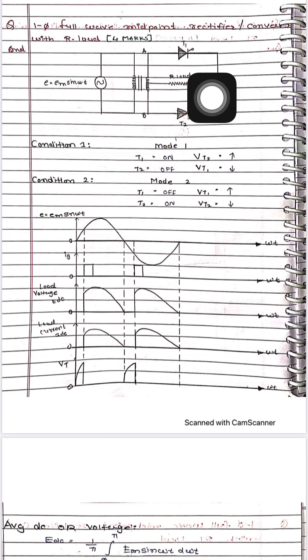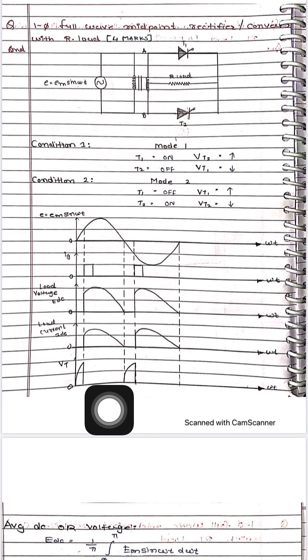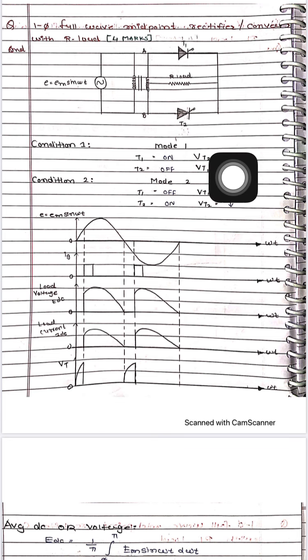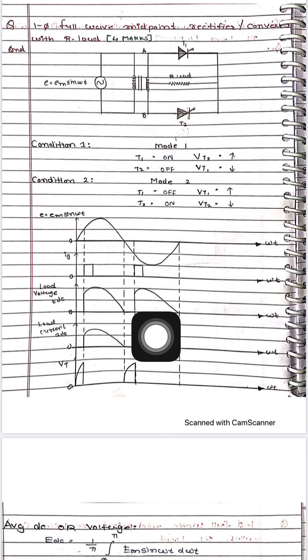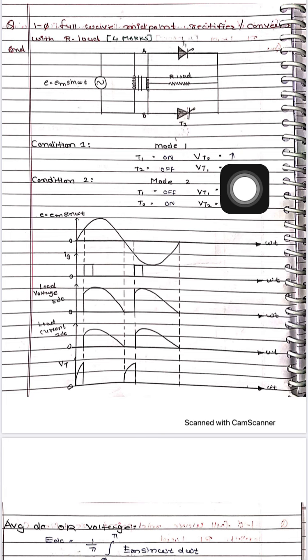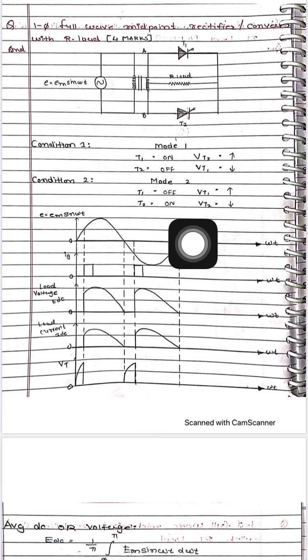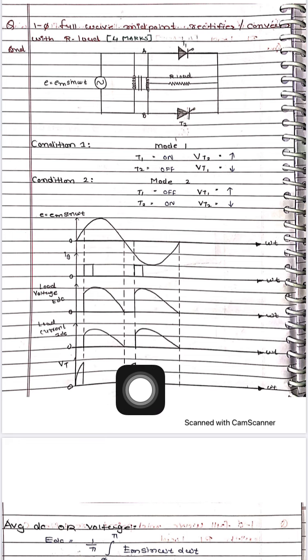After that, T1 conducts, so the voltage that appears across it is minimum. Similarly for V2, alpha is equal to 180 plus 30: there is no current from 180 to 180 plus 30 degrees, so the voltage across T2 is maximum. So these are the waveforms.